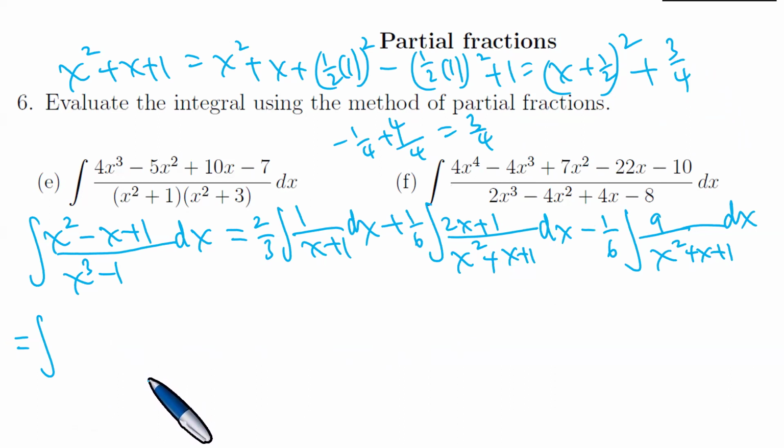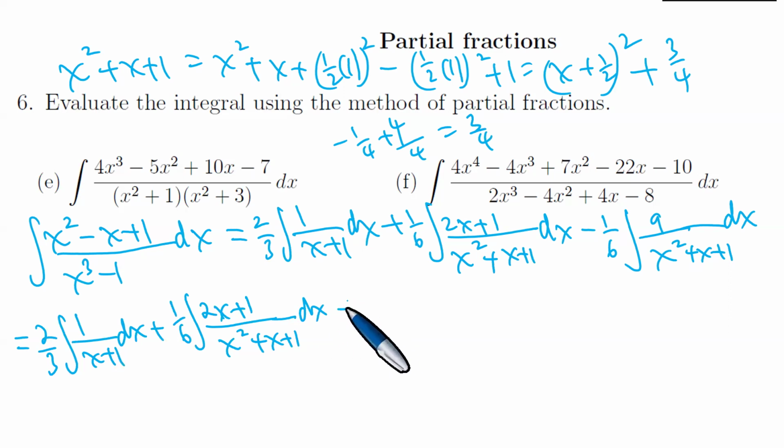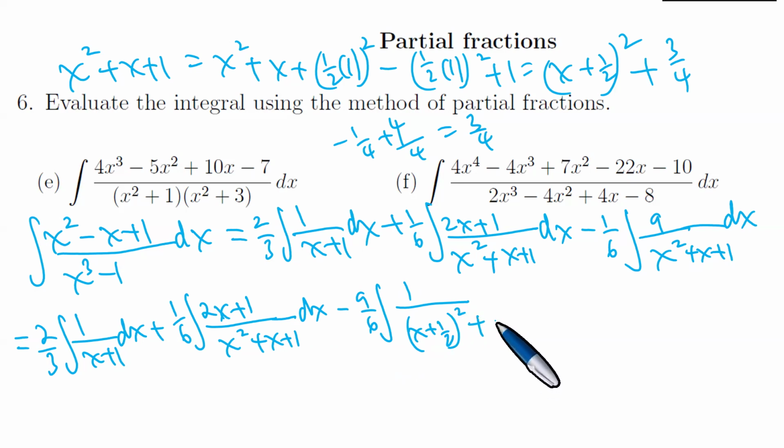Okay, we continue. So I need to deal with this. Now you'd have exactly 2/3 the integral of 1 over x minus 1, plus 1/6 the integral of 2x plus 1 divided by x squared plus x plus 1, minus 9/6 the integral of 1 over (x plus 1/2) squared plus 3 out of 4.